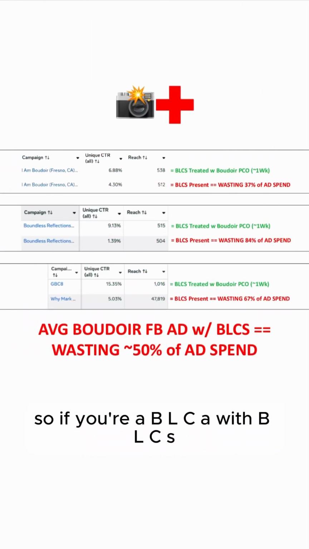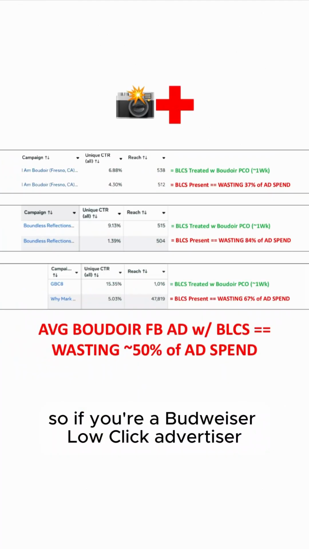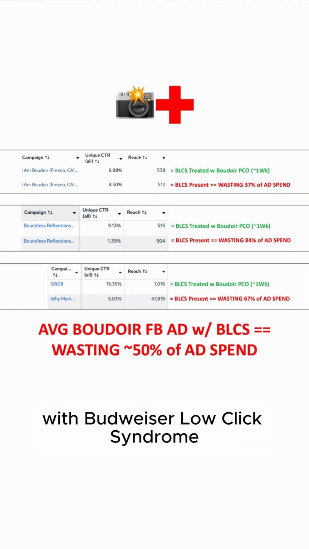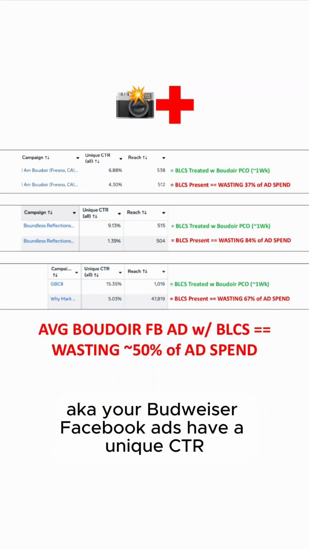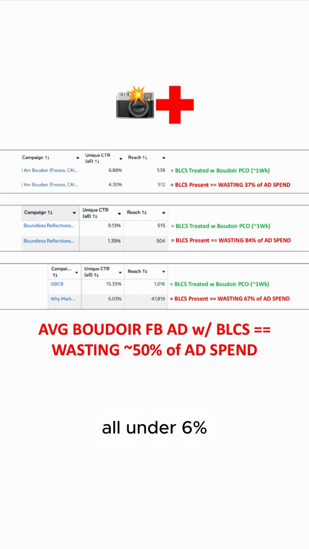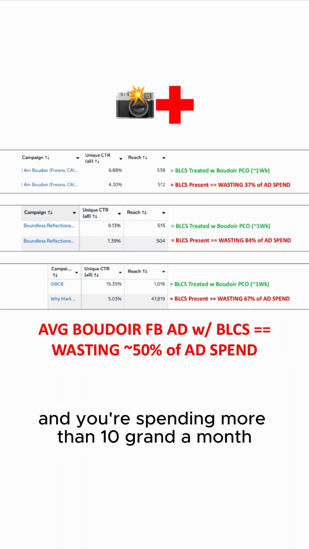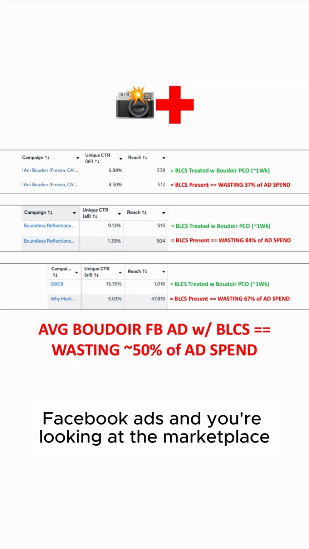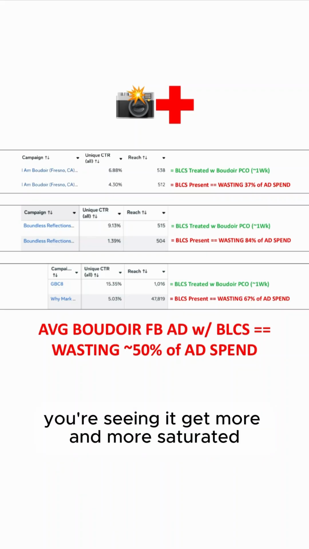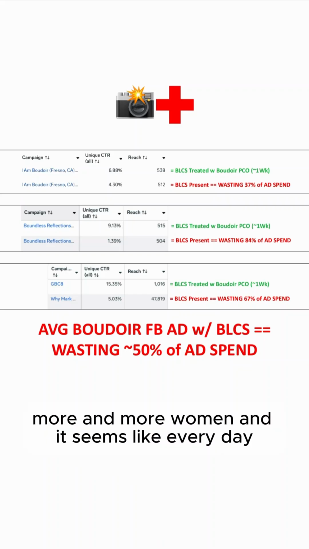So if you're a BLCA with BLCS, so if you're a Boudoir low click advertiser with Boudoir low click syndrome, aka your Boudoir Facebook ads have a unique CTR under 6%, and you're spending more than 10 grand a month on Boudoir Facebook ads, and you're looking at the marketplace, seeing it get more and more saturated in your city, more and more women.